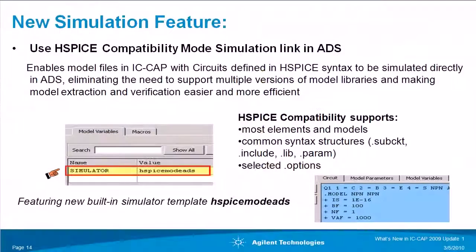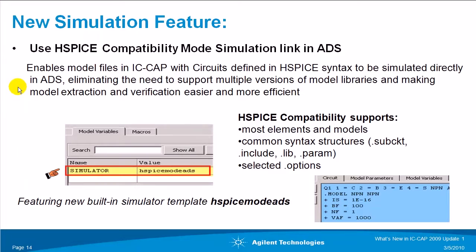In the simulation links area, Update 1 now supports HSpice compatibility mode simulation in ADS. This mode enables simulation of ICCAP circuits defined with HSpice syntax to be simulated directly in ADS.